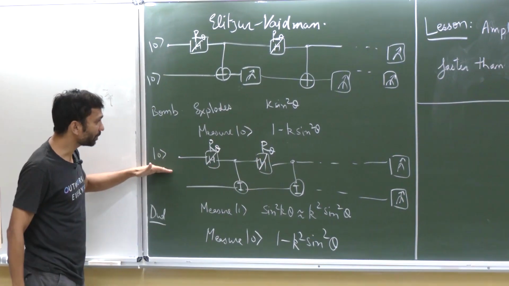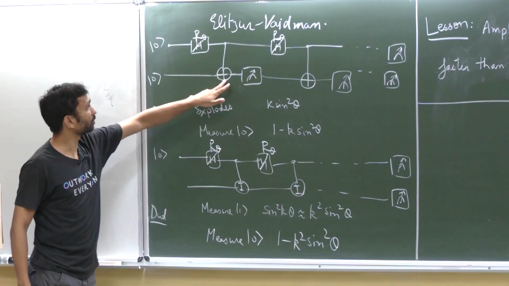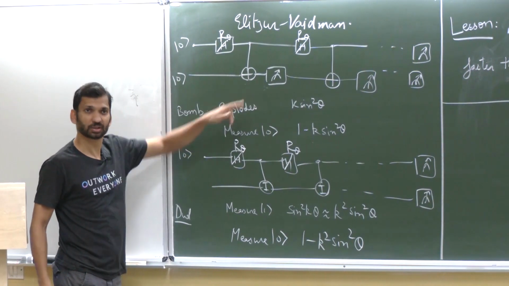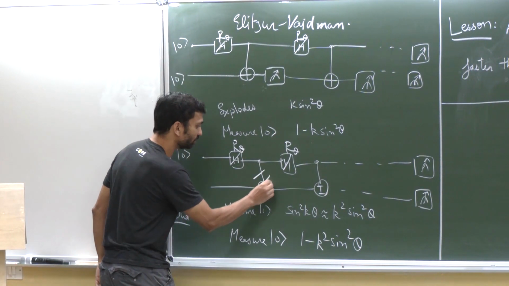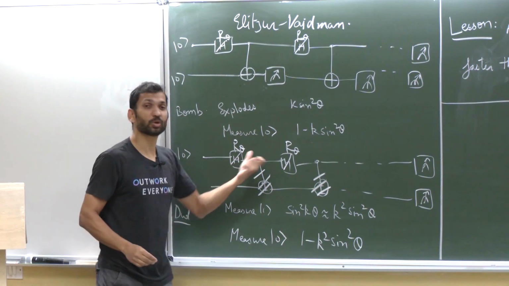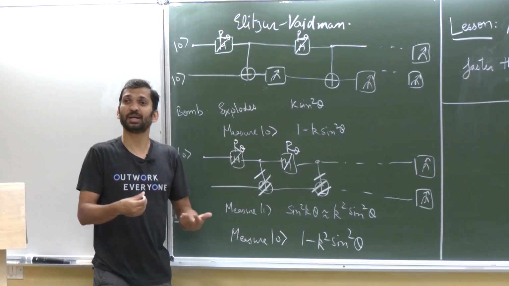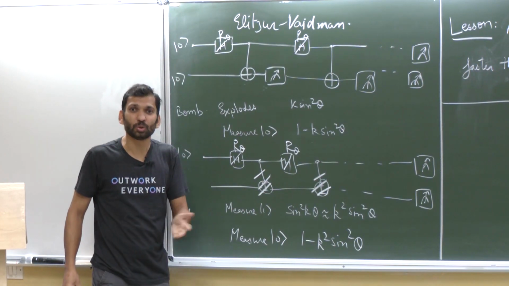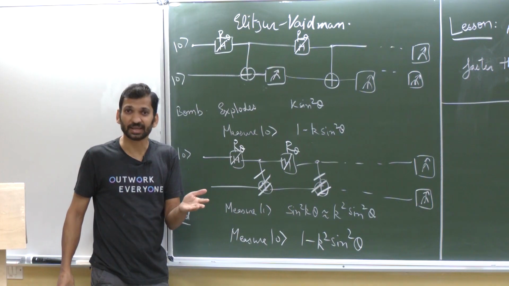What happens here? If it's a dud, then I am not applying the measurement, I am not applying C-NOT. So this is C-identity, where you can just cancel. C-identity means I am not doing anything. I am rotating by theta. So my state becomes cos k theta 0 plus sin k theta 1.